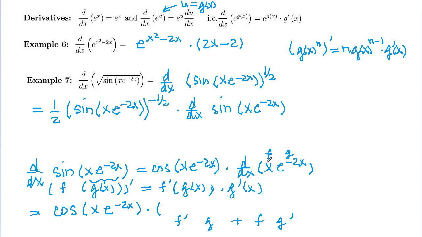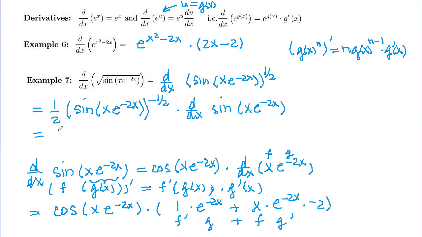So f is x, the derivative of x is 1, g is e to the negative 2x, and then plus f is our x. And then g prime, well, this is e to a function. So you get e to that function, negative 2x, and then times the derivative of that inside function, so times negative 2. And so there's our derivative of this inside function.